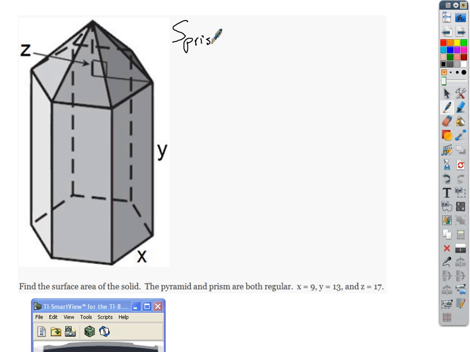And Ph is the lateral area of the prism. For a pyramid, it's only got one base, doesn't it? Just on the bottom. Plus 1/2 Pl. So it's got its base plus its lateral area.